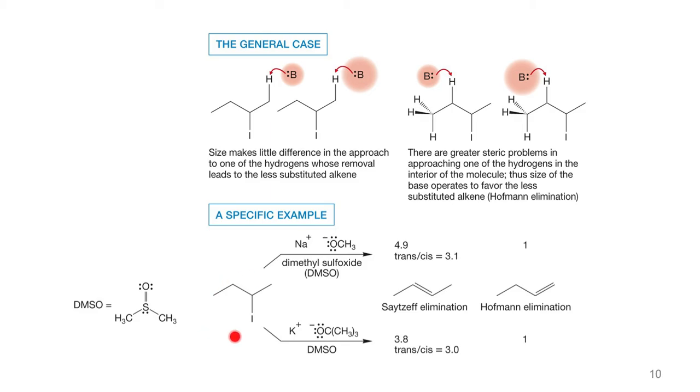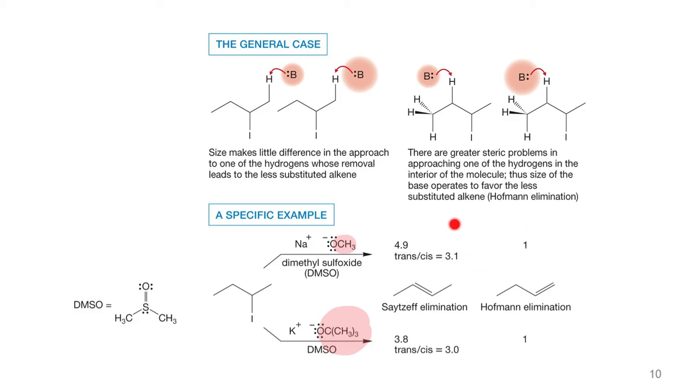So here we have this 2-iodobutane, one reacting with methoxide, the other reacting with this T-butyl oxide. And you'll notice that this T-butyl group is actually quite large, whereas the methyl group is rather small. And changing the base, you'll notice, changes the proportions of the product.